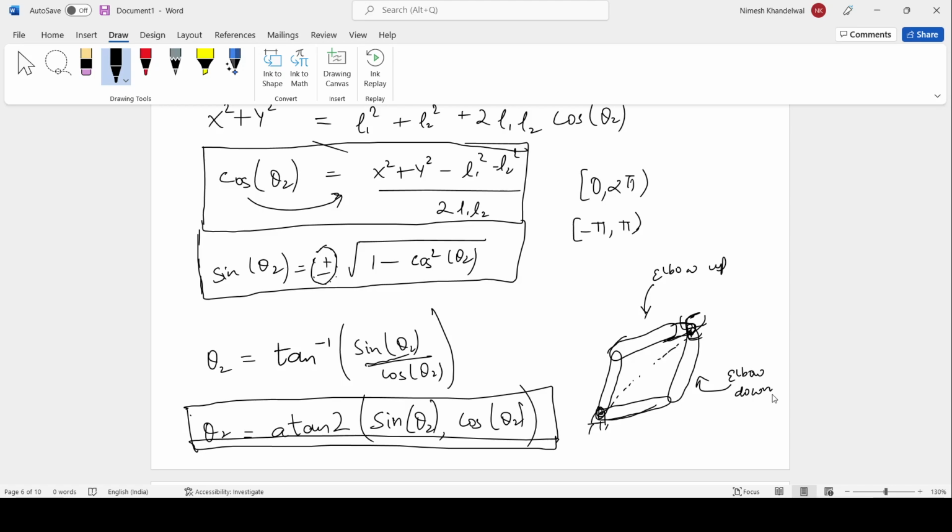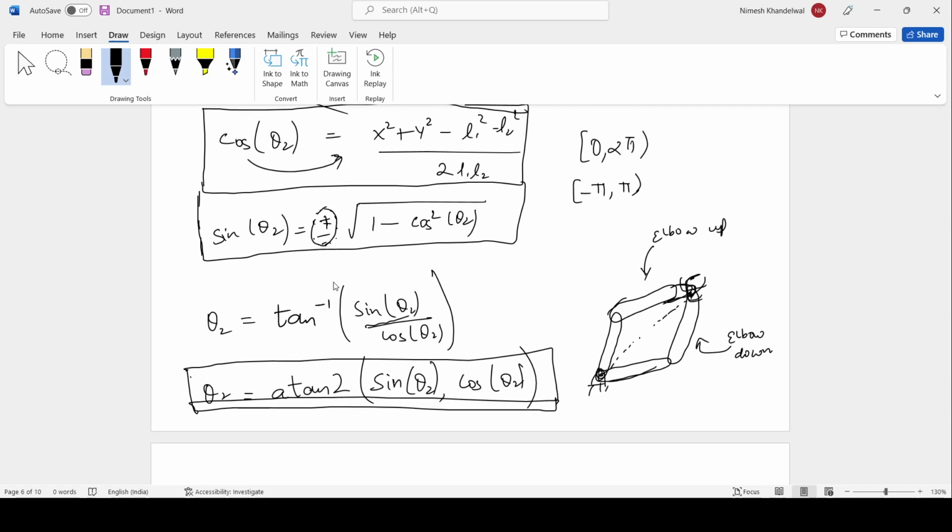So plus or minus corresponds to either the elbow up or the elbow down configuration. This is what the plus and minus in sine theta 2 actually mean.